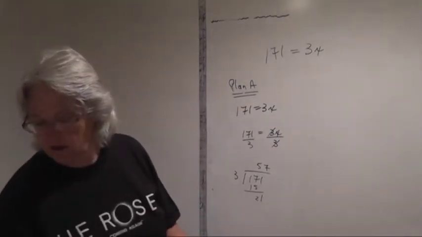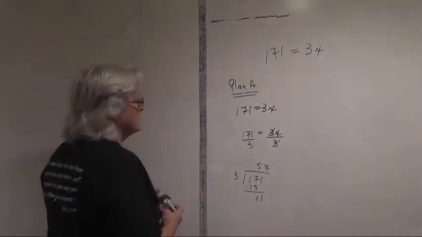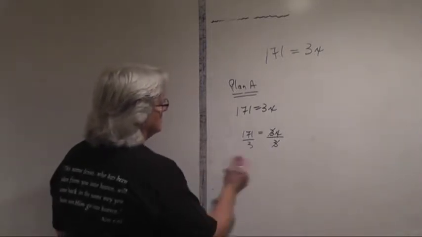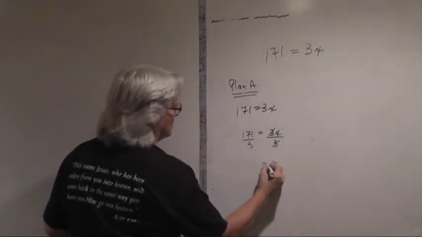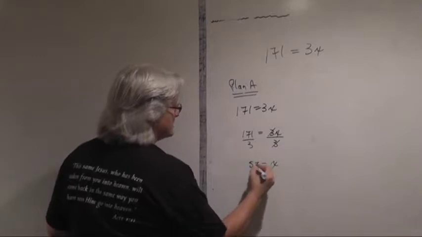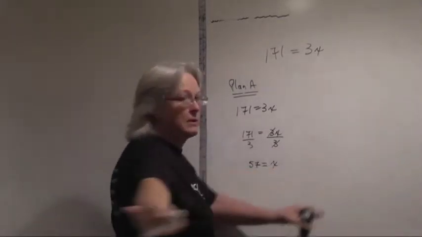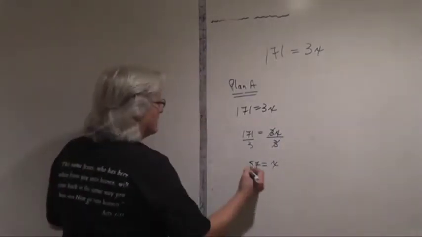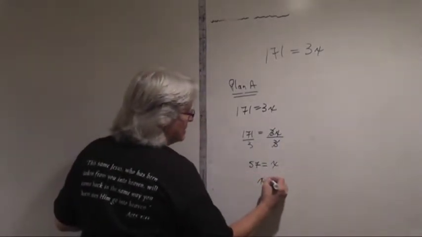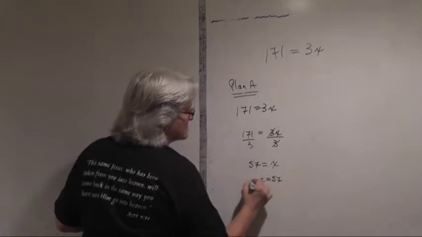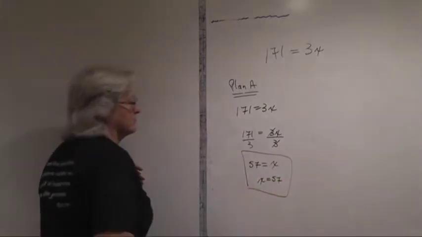So what you have here is that x has a value of 57. It's in balance, so it doesn't matter if you read from the front or the back. You can just as easily say x is equal to 57.